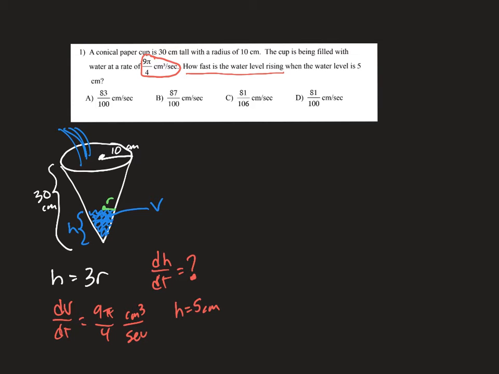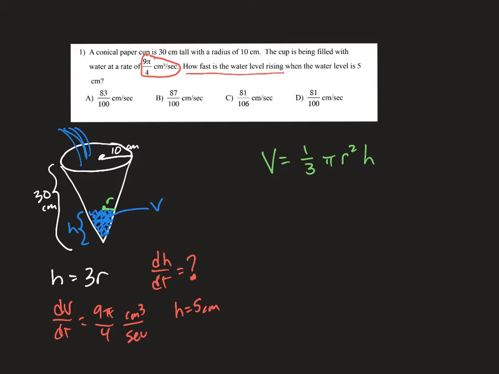Okay, now what is the formula that relates the volume, the radius, and the height of a cone? Well, you go back to your geometry class and you remember that V equals 1/3 pi r squared h. And I notice that there are several variables in this equation.